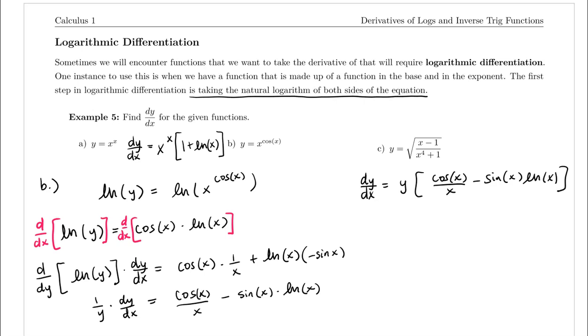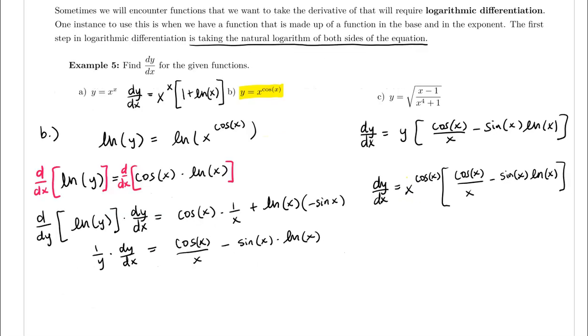Now again, because of our original definition of our function, I can substitute in y equals x to the power of cosine of x for this y here. So finally we get that dy/dx is equal to x to the power of cosine of x times the quantity cosine of x over x minus sine of x times the natural log of x. And that's our answer for part B.